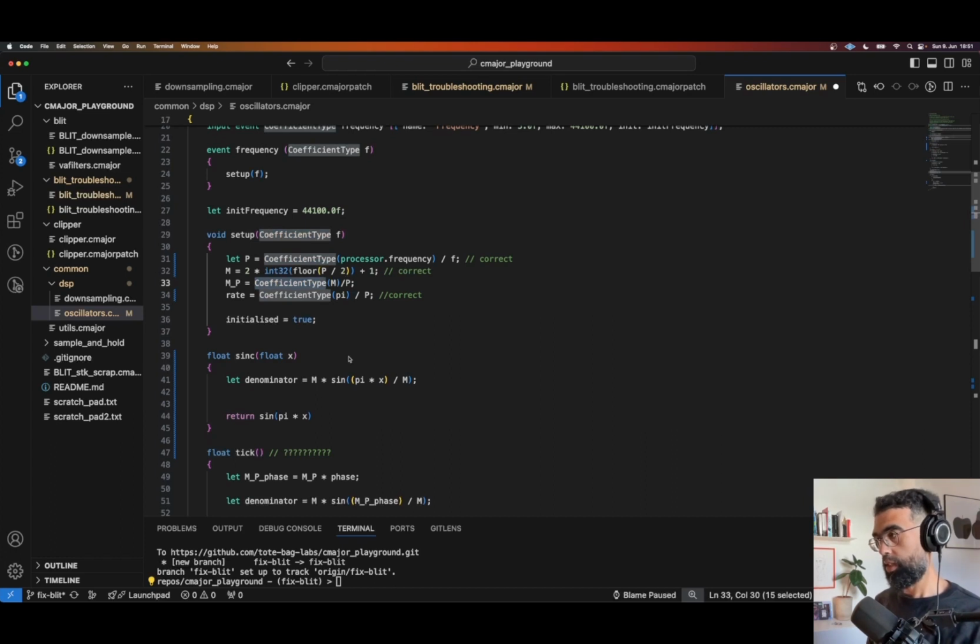And I will cast these to, oops, have to cast pi to coefficient type.